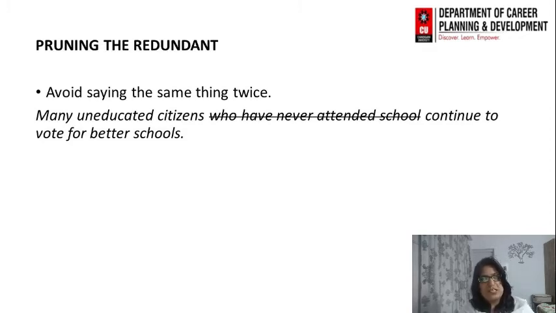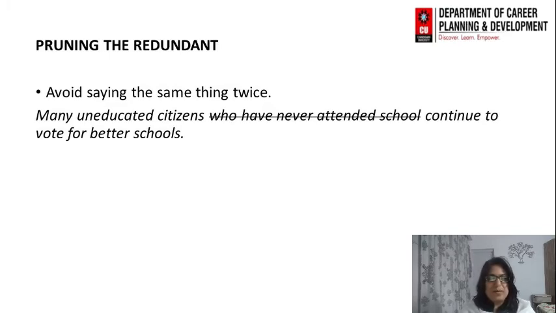Now here, do you see the difference in the sentence? I'll repeat the sentence again. Many uneducated citizens who have never attended school continue to vote for better schools. When you say "uneducated," it obviously means people who have not gone to school.